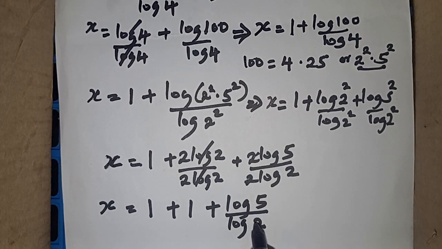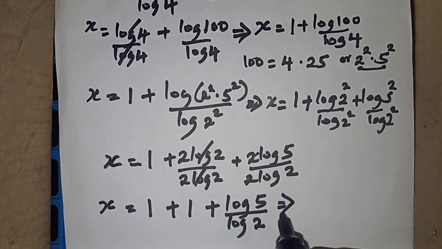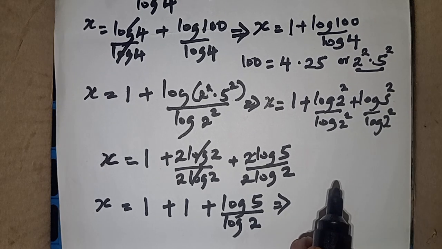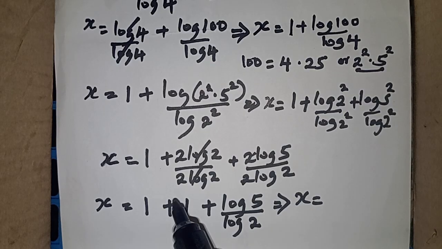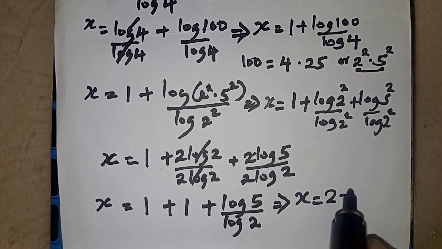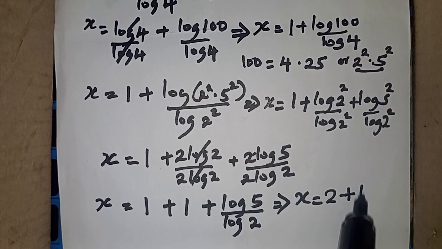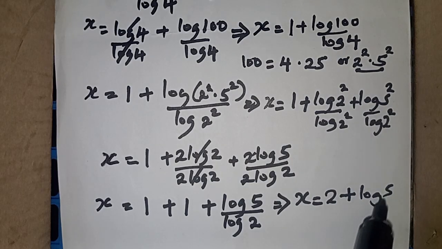This implies that my x value becomes 1 plus 1, which gives 2, plus the log of 5 divided by the log of 2.